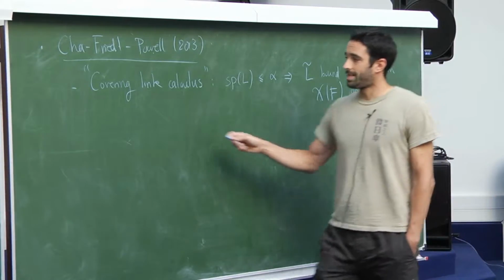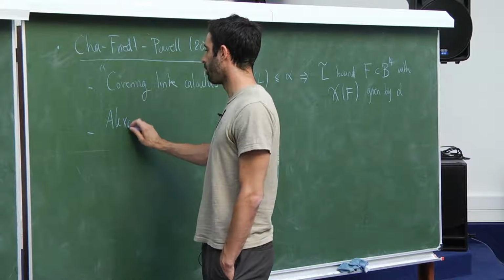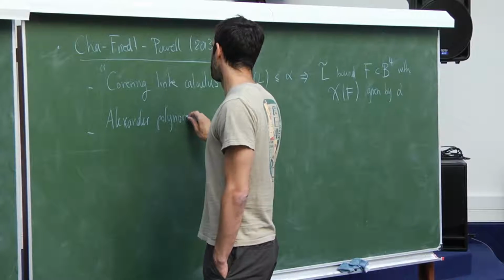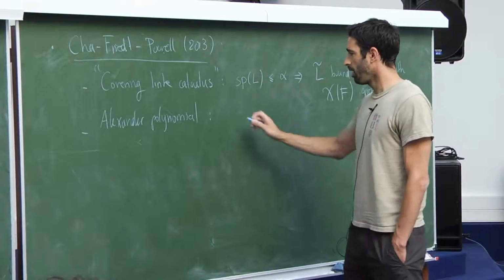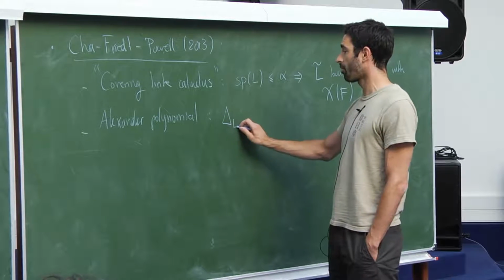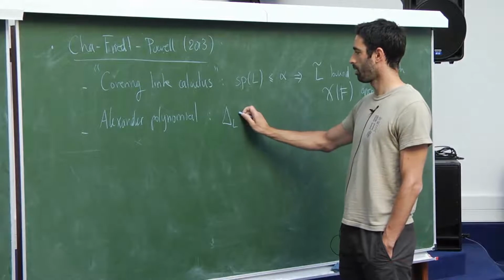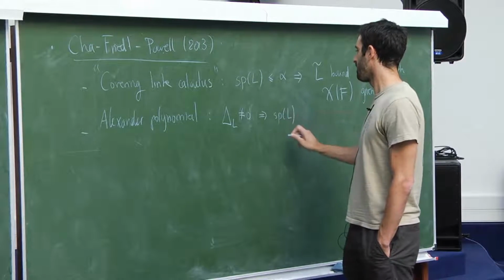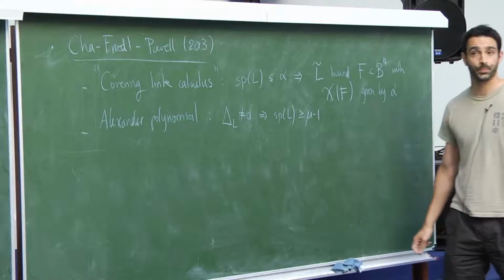Okay. The second technique they used was the Alexander polynomial. Namely, if the multivariable Alexander polynomial of the link is not 0, then the splitting number is greater than or equal to mu minus 1.